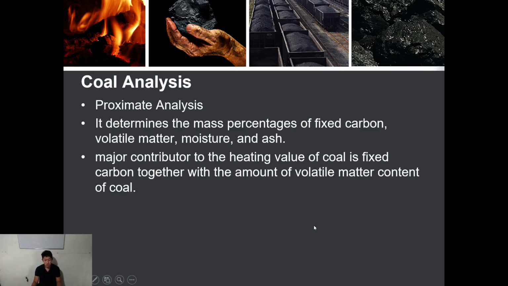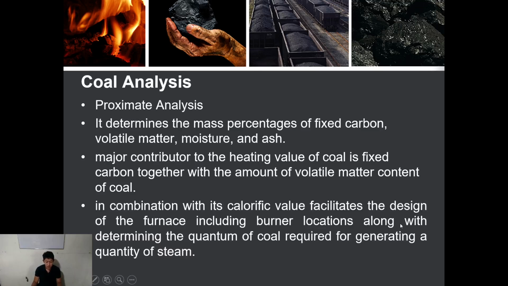The approximate analysis is useful in the design of the furnace. It facilitates determining the burner locations, along with determining the amount of coal required for generating a quantity of steam.